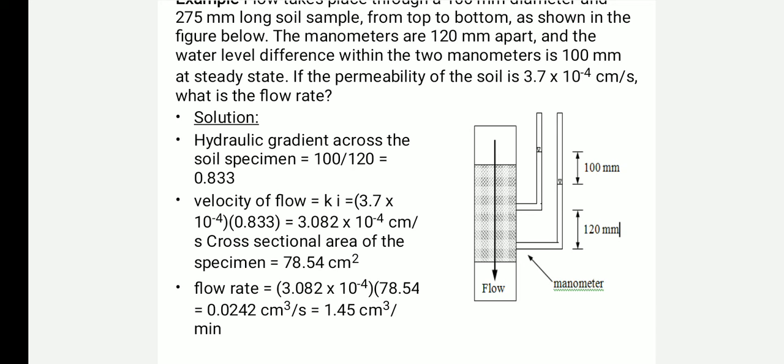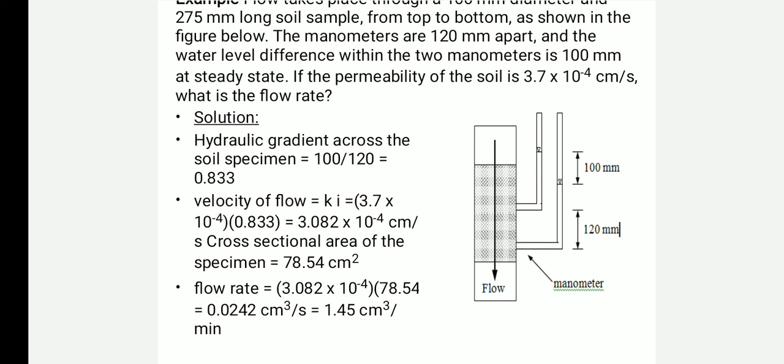The cross sectional area of the specimen is given, that is 78.54 centimeter square. Then the flow rate is velocity times cross sectional area.